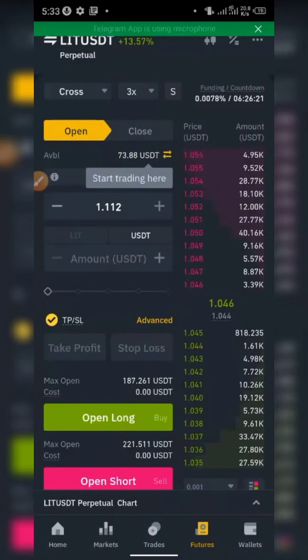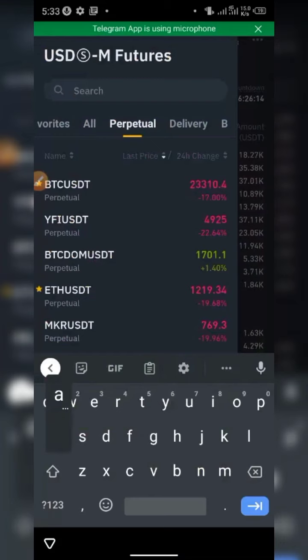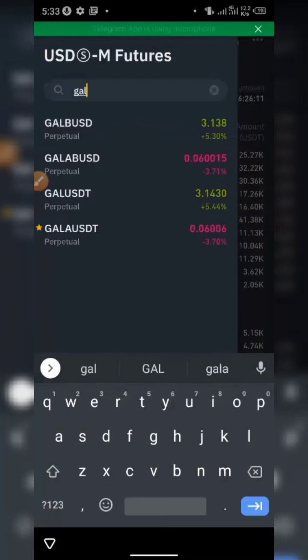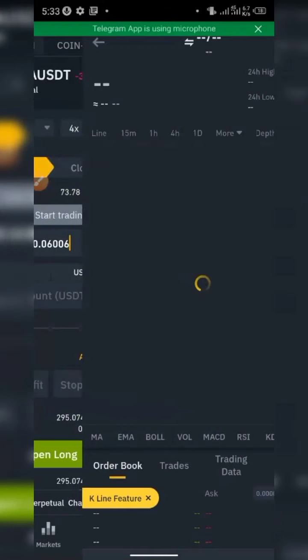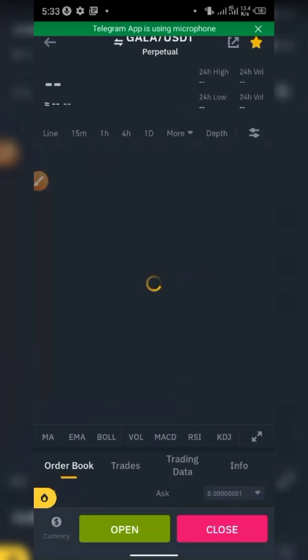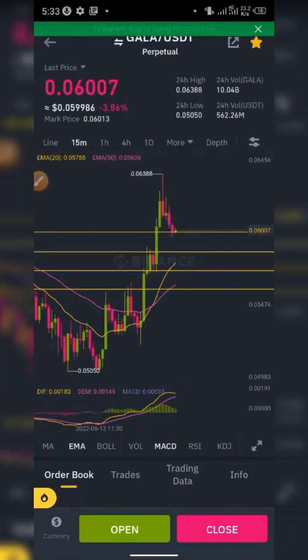So let's say we want to enter the market. We search for a coin, let's say Gala coin. We are going to trade Gala coin. Maybe we want to enter Gala for long, then we want to enter for short.